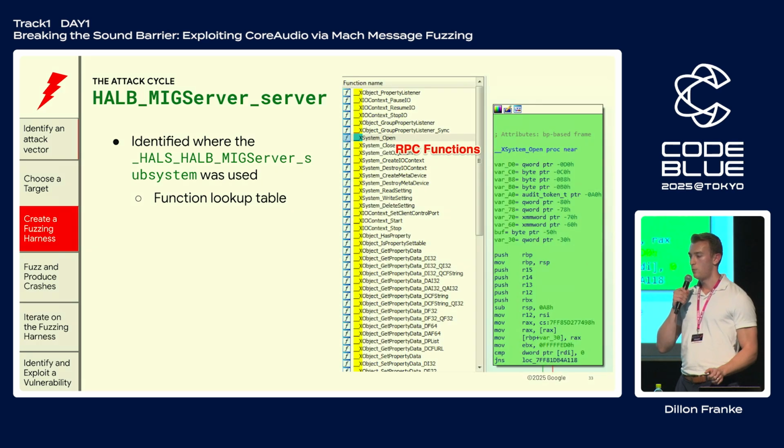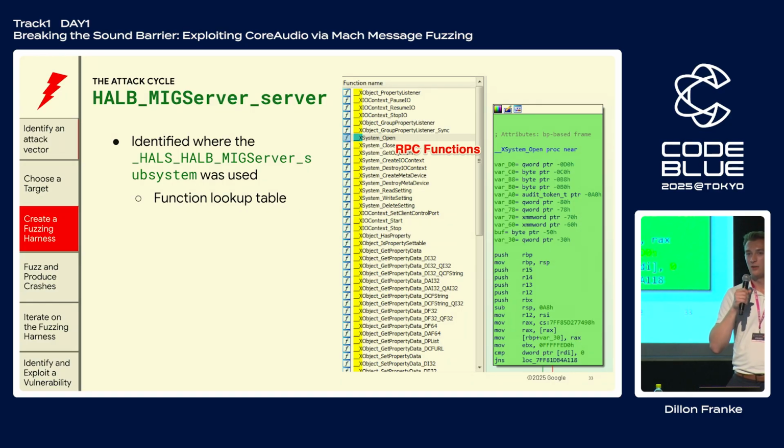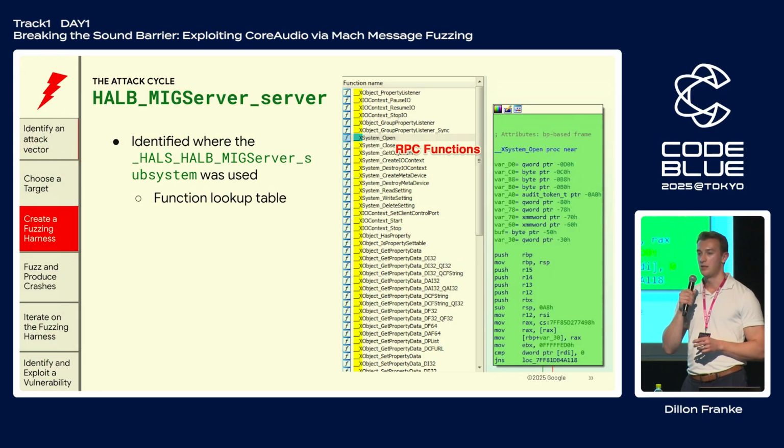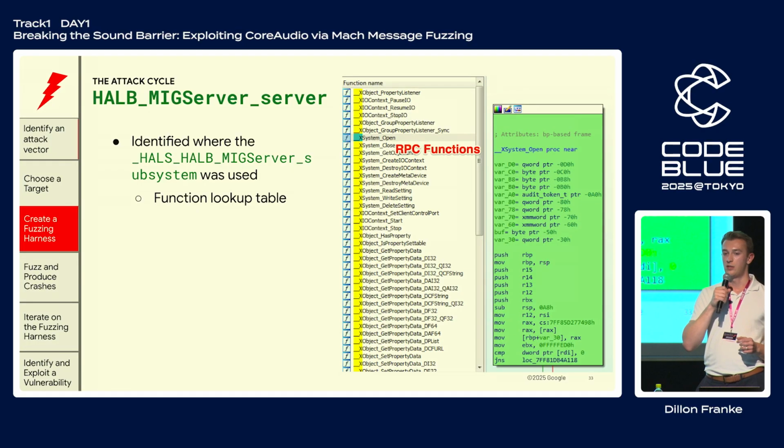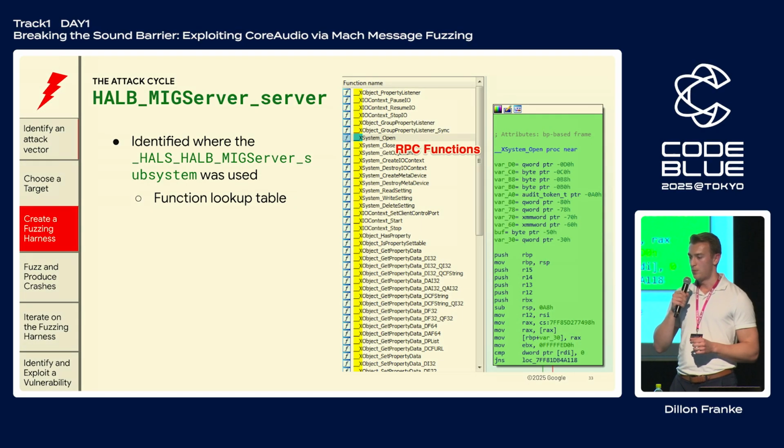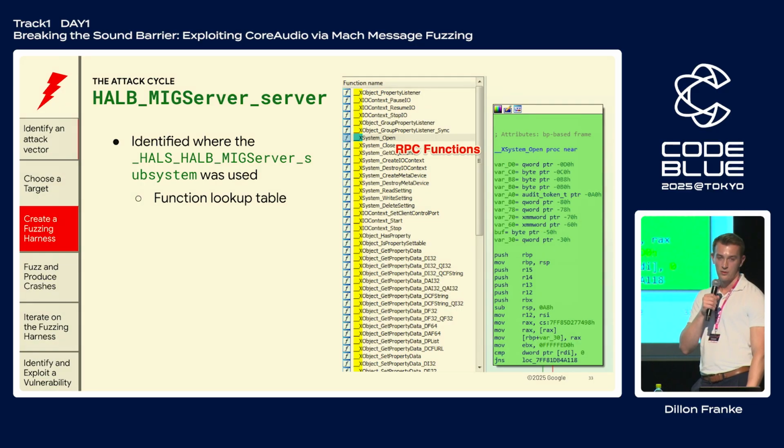So with that, we have the ability to call a bunch of these RPC functions. These are the message handlers that the MIG subsystem is routing the incoming message data to. There were about 63 of them for CoreAudio, I believe. And nicely, they all start with this double underscore X prefix, which makes them easy to identify in IDA Pro.